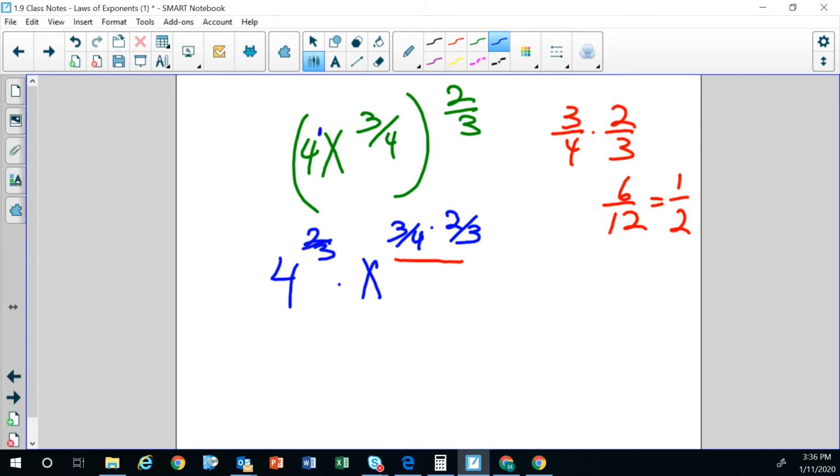So my expression is going to equal 4 to the 2/3 times x, and when we multiply these two fractions, we get 1/2, x to the 1/2.